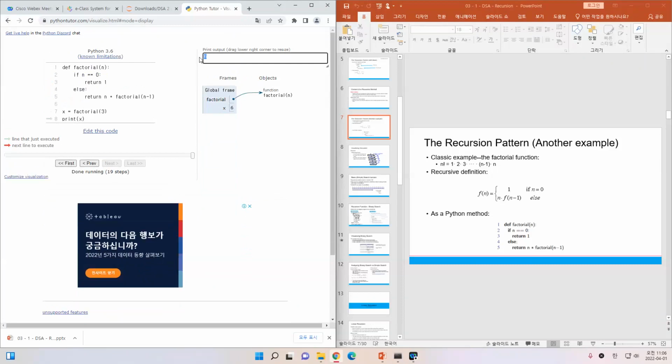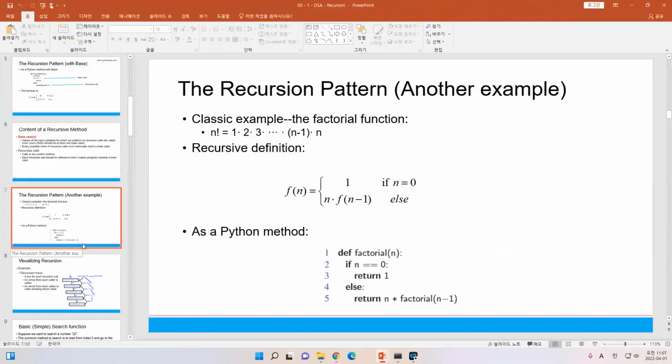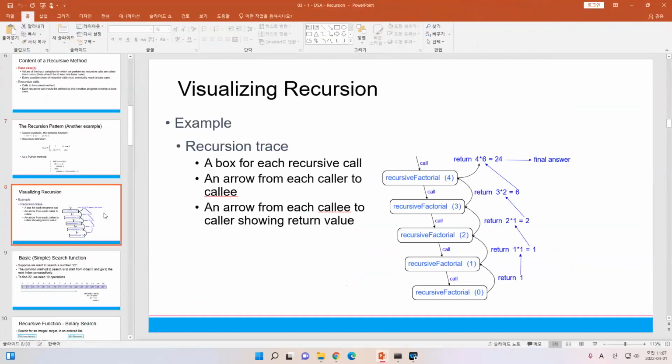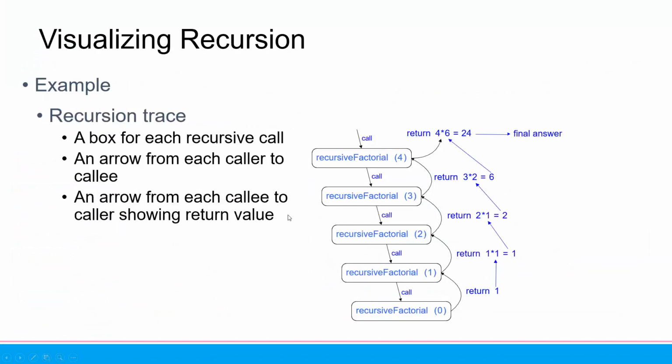You will see 6, because the return function will not give any effect before you assign it to a variable. So this is the recursion trace. This is the same as what you already saw in the visualization in the Python Tutor.